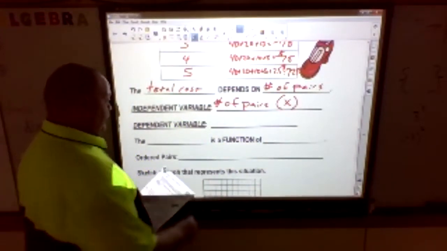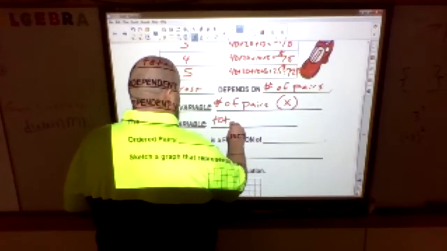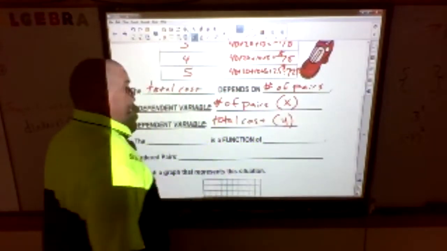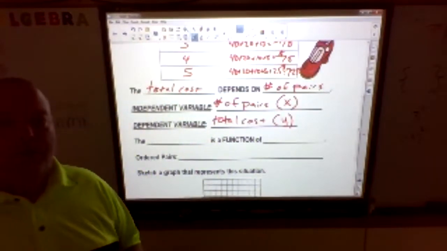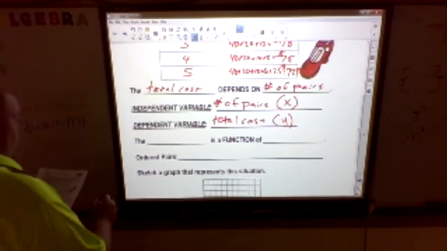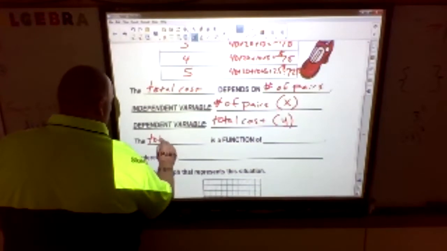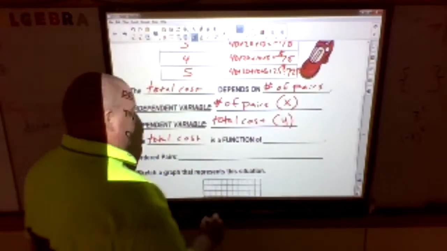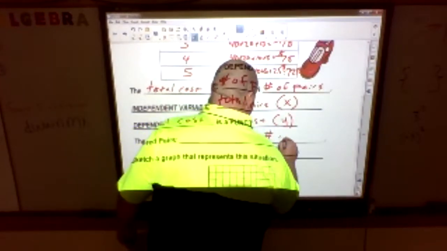Your dependent is your total cost, and dependent is always Y. So if it's asking you about independent, it's asking you about X. If it's asking you about dependent, it's asking you about Y. So the total cost is a function of the number of pairs.